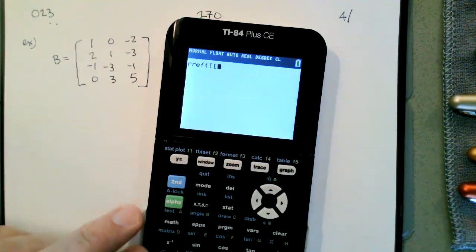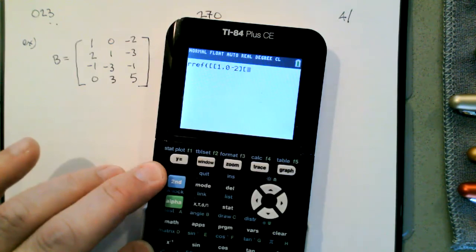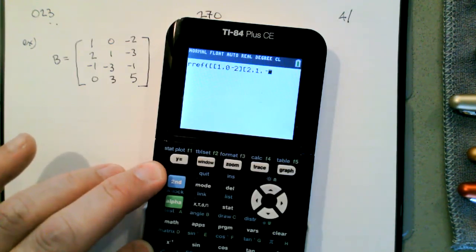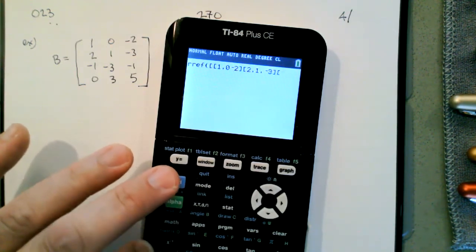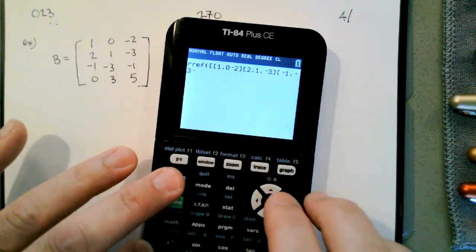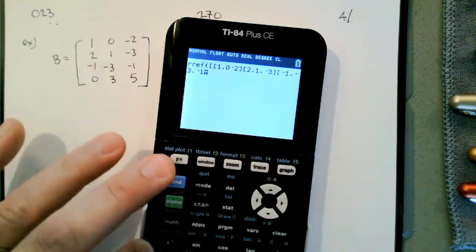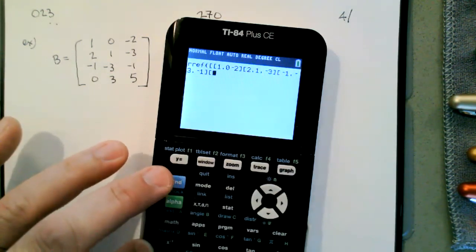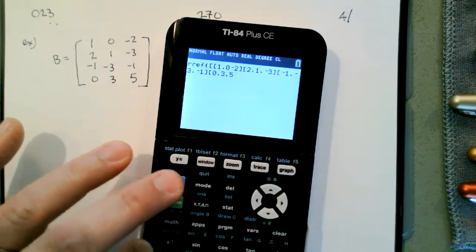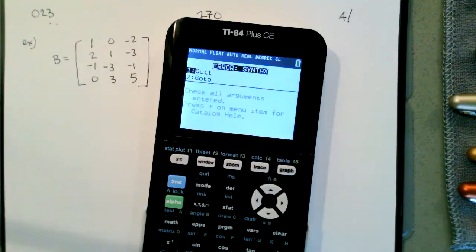So matrix row, and I'm going to put in 1, 0, -2, close the row, open the next row, 2, 1, -3, close the row, open the next one, -1, -3, -1, close the row, open the 4th row, 0, 3, 5. Close the row, close the matrix, close the command, and get an error.